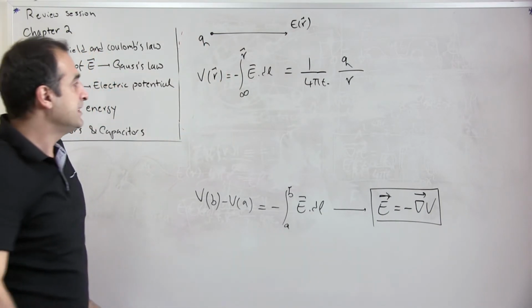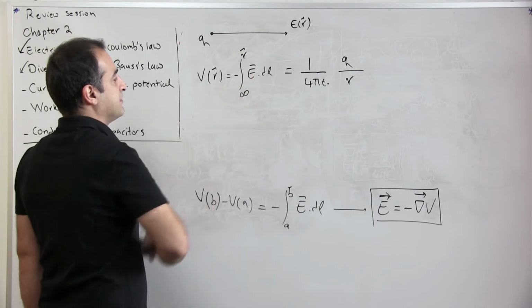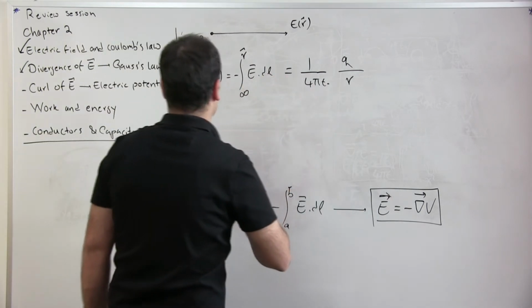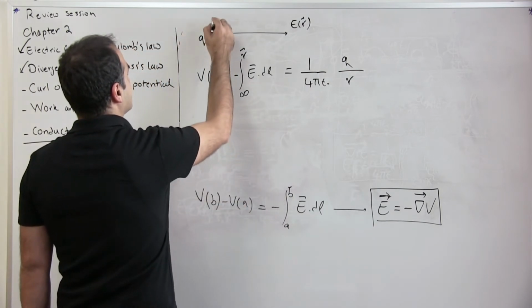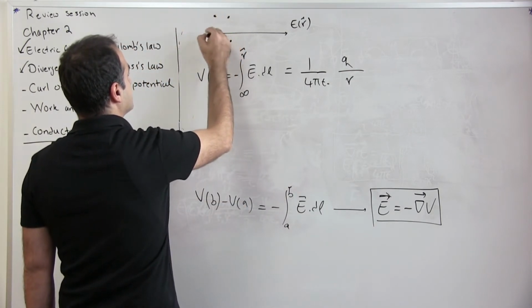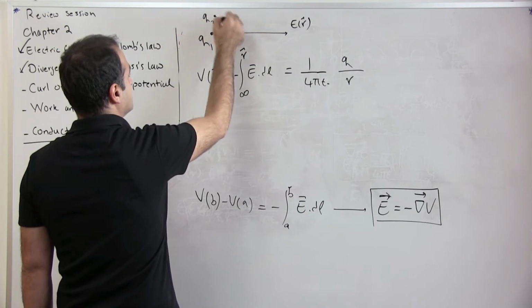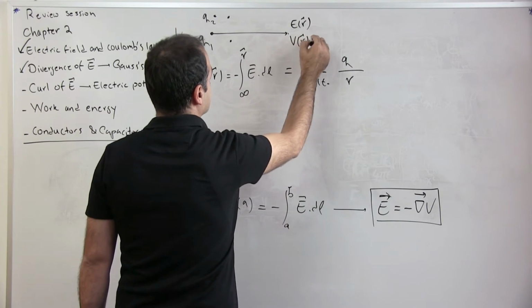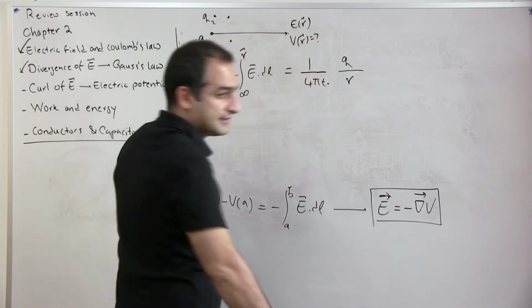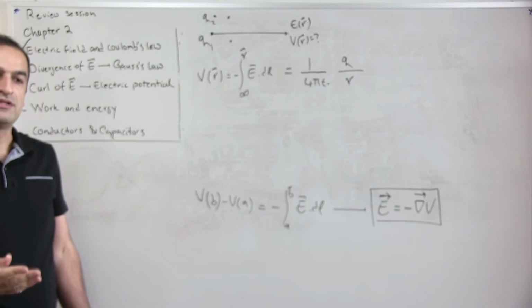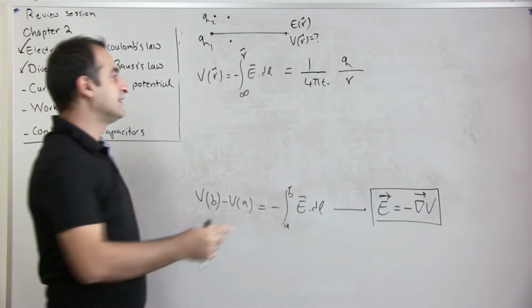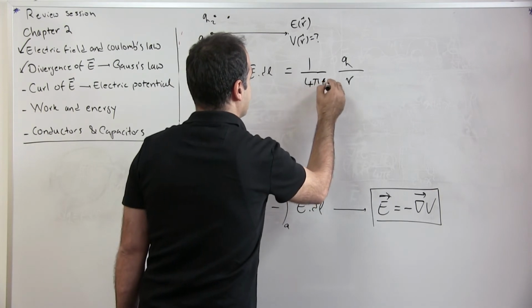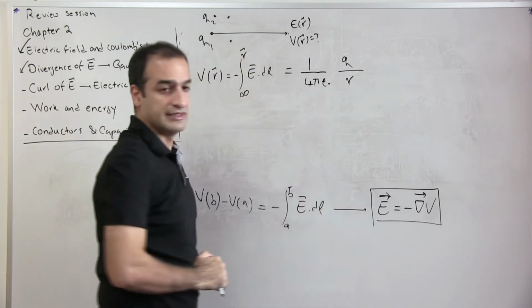And because the superposition principle works for E, the superposition principle should work for electric potential as well. That means that if we have multiple charge distributions, Q1, Q2, and so on, and we want to look at the electric potential at this point, we can just add them up. Because electric potential is a scalar, we can just algebraically add them up. That's really convenient compared to the way we calculate electric field.